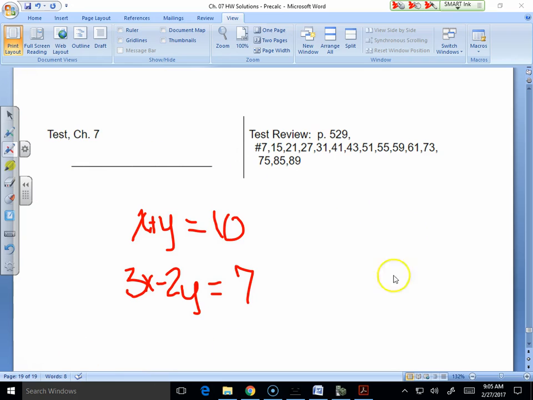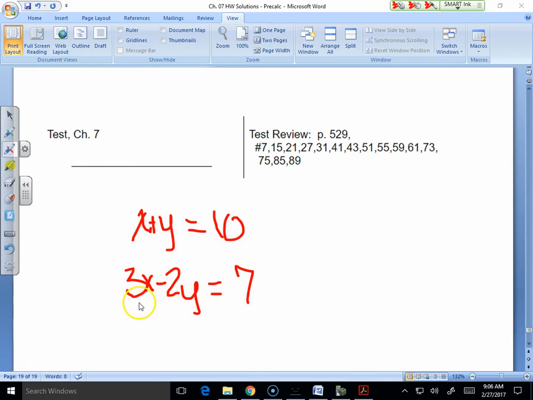What's one way that you could solve this? Substitution. Solve for one of these, pick one. Sure, solve for y by subtracting x, plug it into the y spot, carefully distributing that -2 to both pieces, simplifying by combining like terms. Done. You have x equals, and now what do you do? Go back, plug it into your nice equation, solve for y, and you're done.